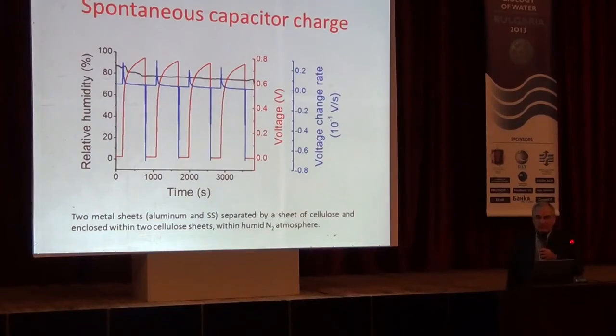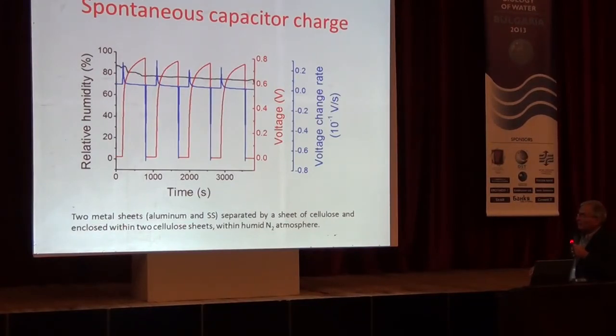And then you can make a capacitor that self-charges, which is shown here. That's a capacitor made with aluminum sheets and stainless steel. And here they are short-circuited. We are measuring voltage. Humidity is uniform.